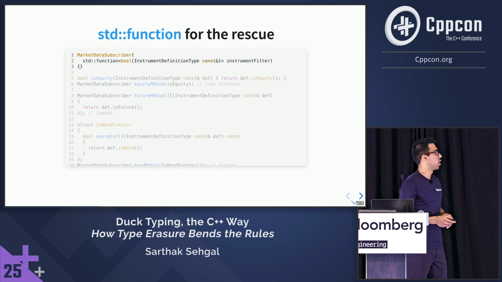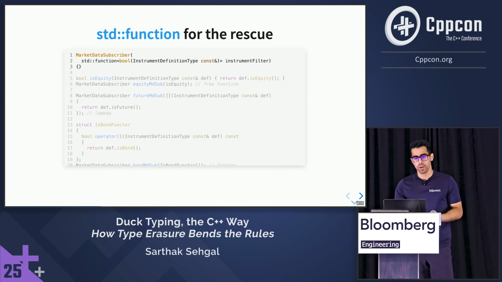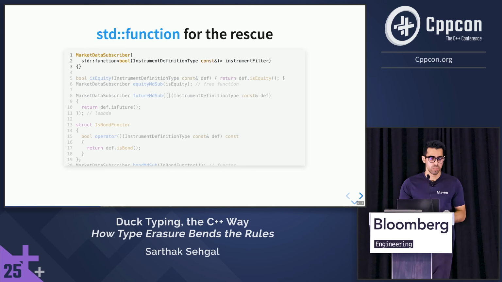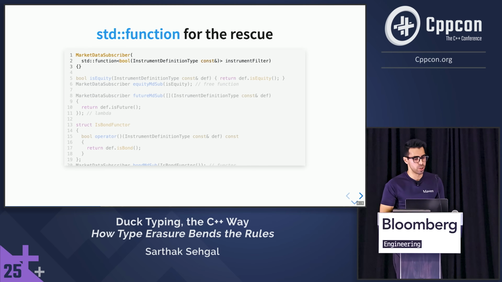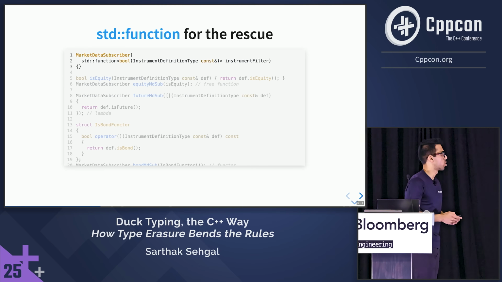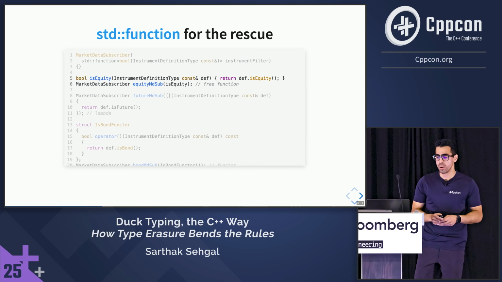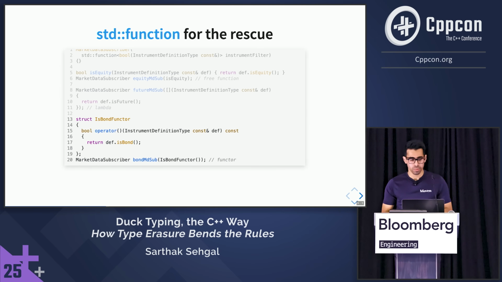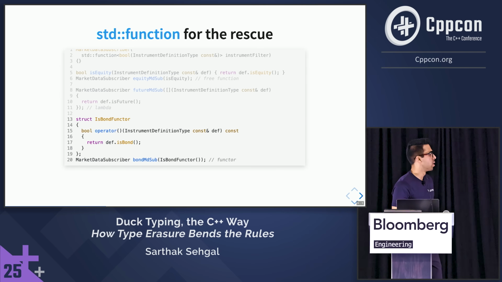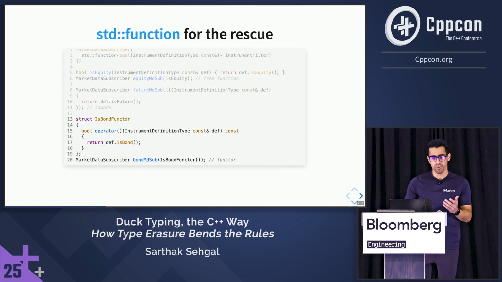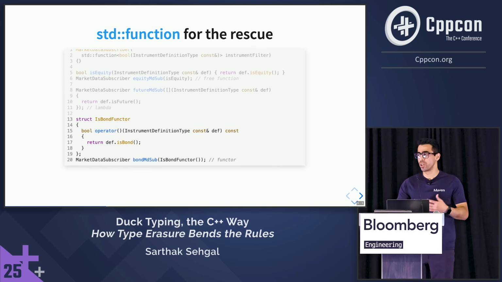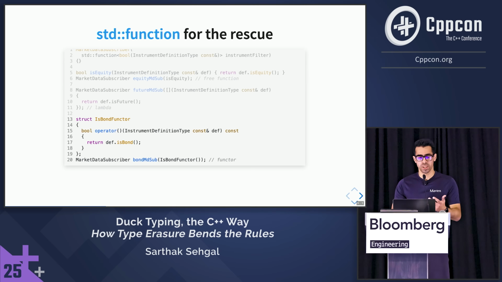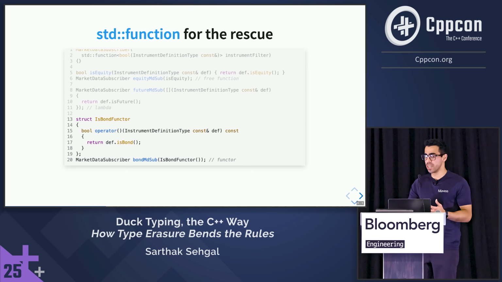So this is where a container like std function shines. With std function, you can simply use std function as the parameter, have the correct signature there, and now you should be able to pass a free function, a lambda, or a functor in this case. The critical thing to note here is that these different kinds of functions being passed to a common concrete type, the std function type, are completely unrelated.